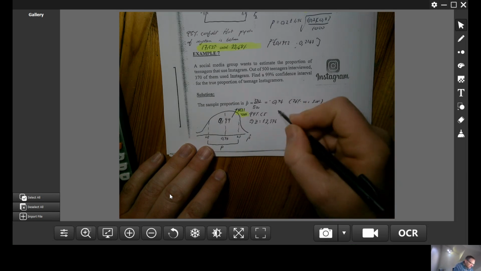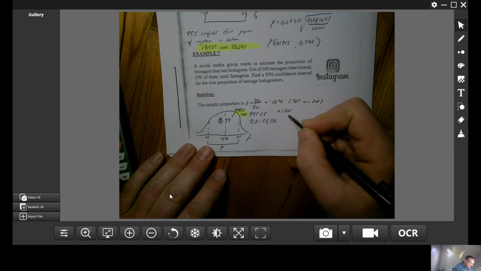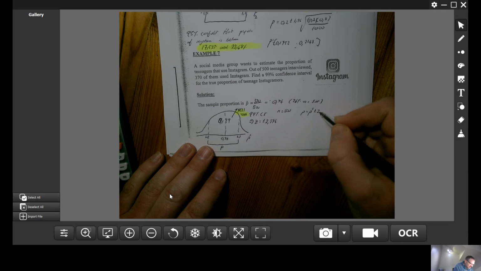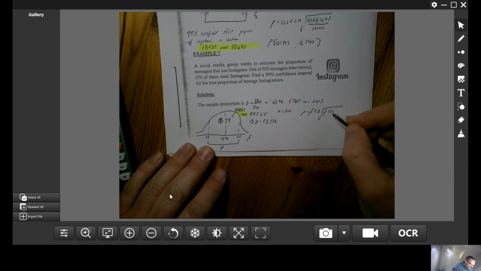Okay. Right, so now I think I've got all the parameters we need. What was n? n was equal to 500. Okay, so we're going to use our formula. p is equal to p hat plus or minus Z times the square root of p hat times 1 minus p hat over n.